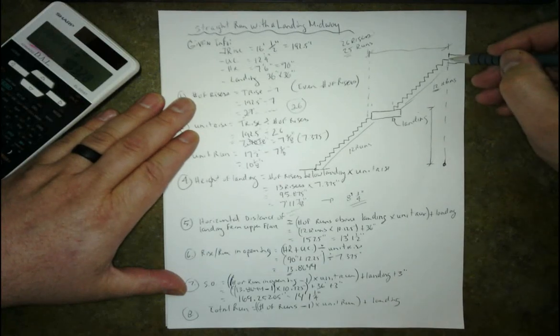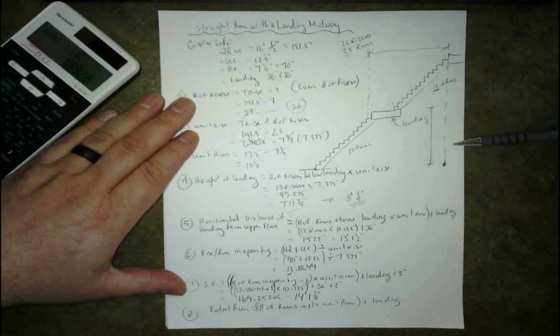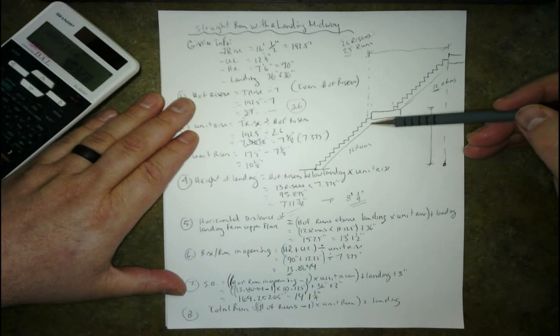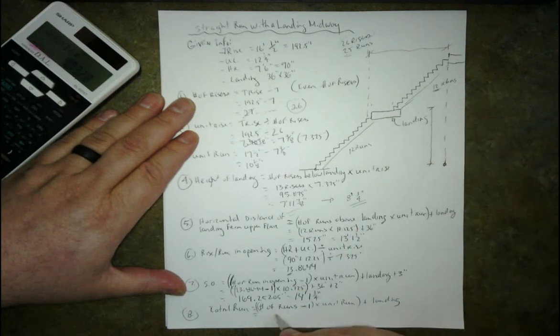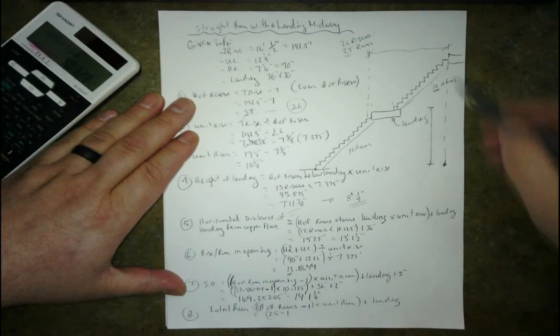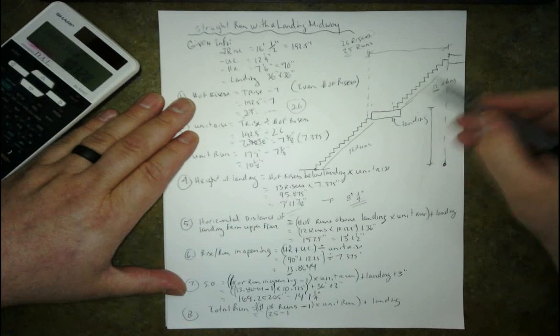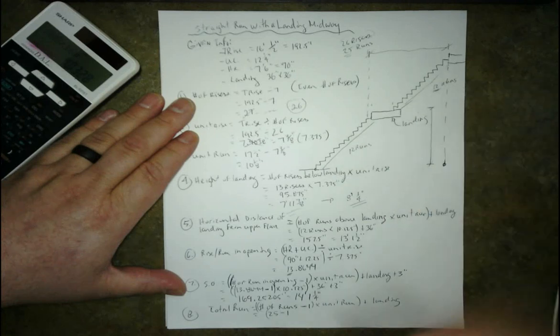We just want to know how far the stairs travel horizontally. So there's 12 runs here, there's 12 runs here, so that's 24, right? So if we took the number of runs, we're going to be going 25 minus 1. Why? Because there's 12 here, and there's 12 here. So we want 24 times the unit run, which is 10 1/8, so 10.125.